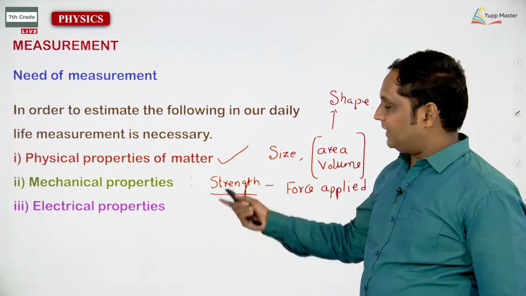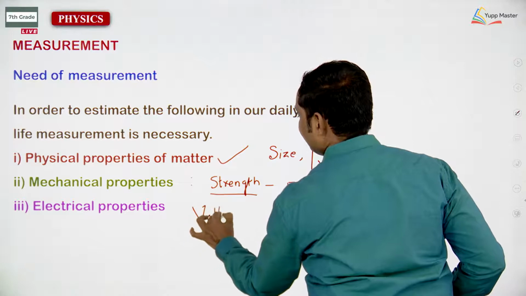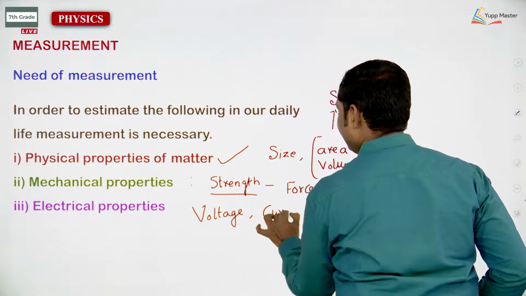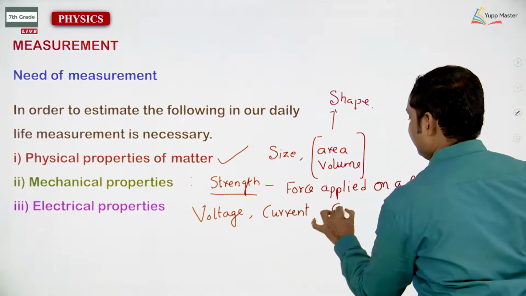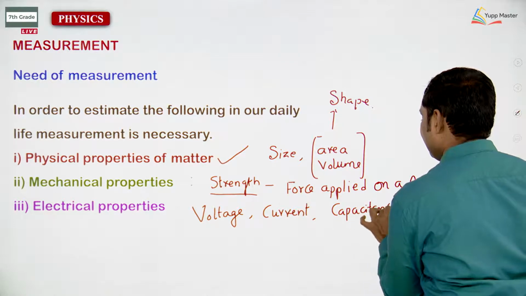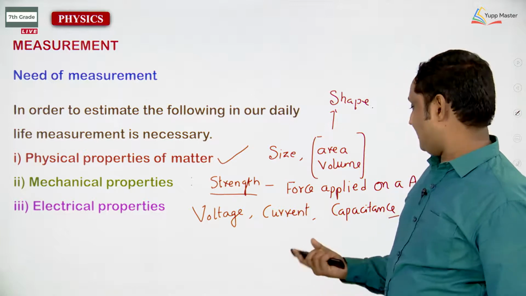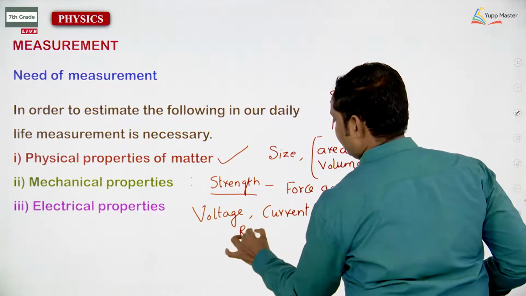Then electrical properties: you have to identify voltage, current and capacitance, and meanwhile you will get resistance.